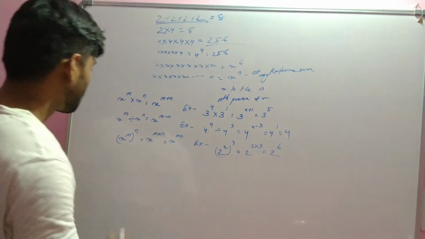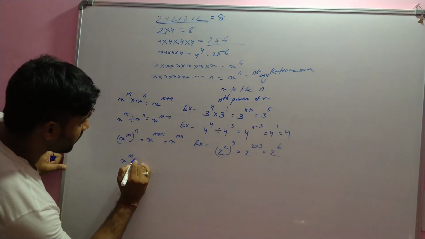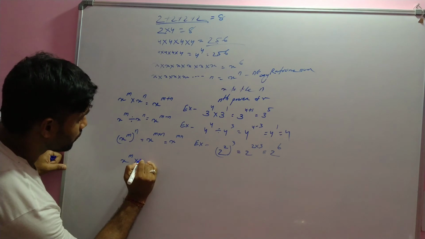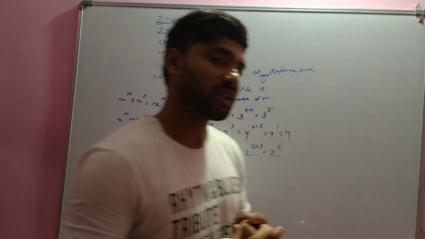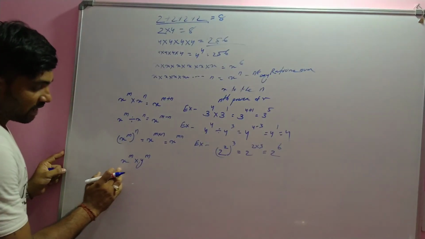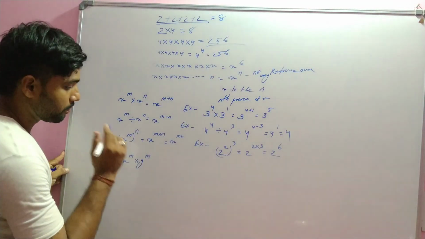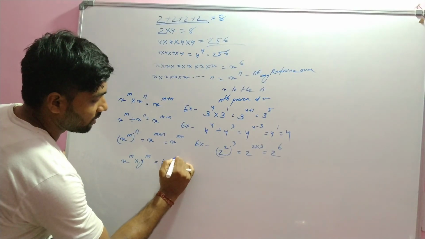Okay. Suppose x to the power m into y to the power n. Two exponential form numbers are given, and they have different bases but the same power. It can be written as x y to the power m.